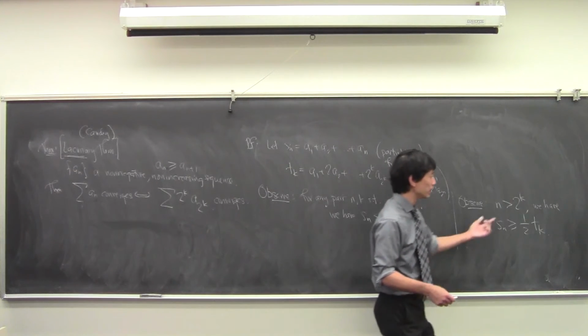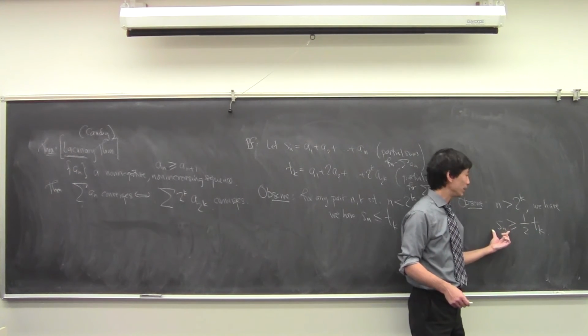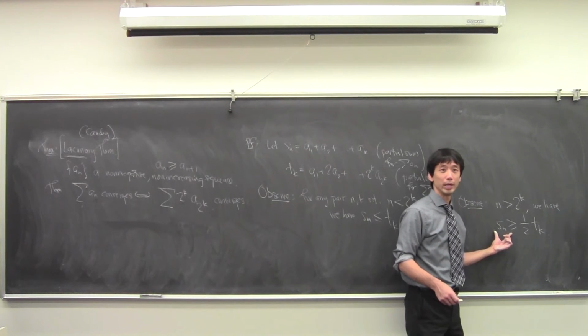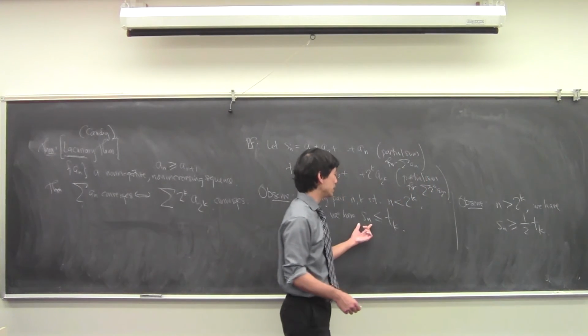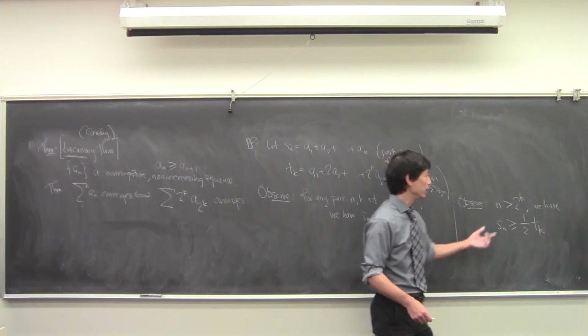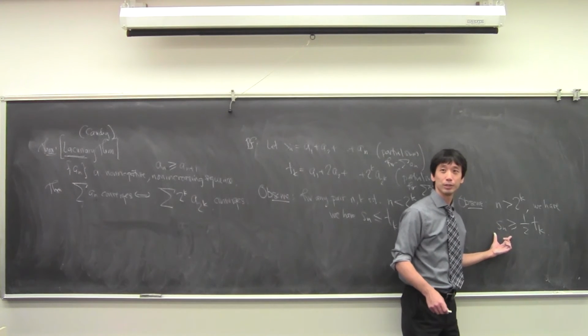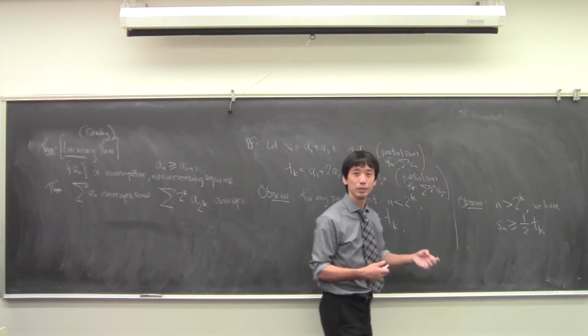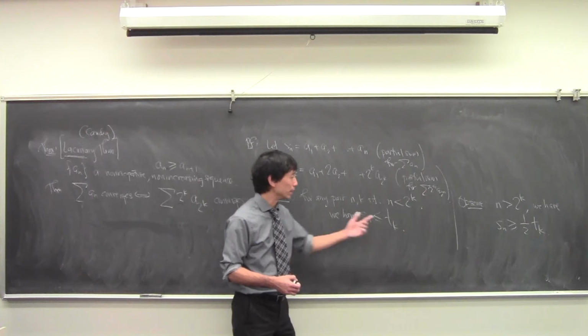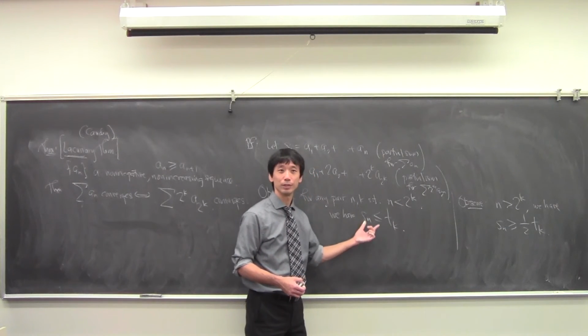Similarly, if the T sub k's are unbounded, then the S of n's are going to be unbounded. And so if these guys diverge, those guys diverge. And so their convergence is equivalent. If these guys converge, then these guys are going to converge. And so on.